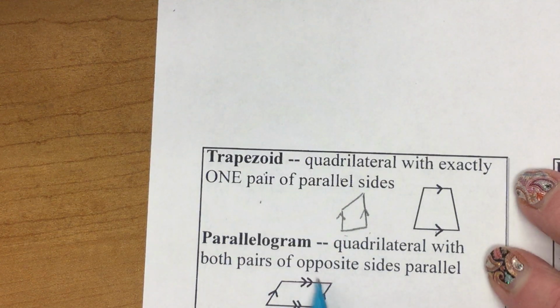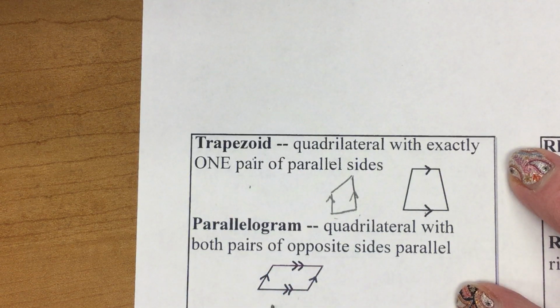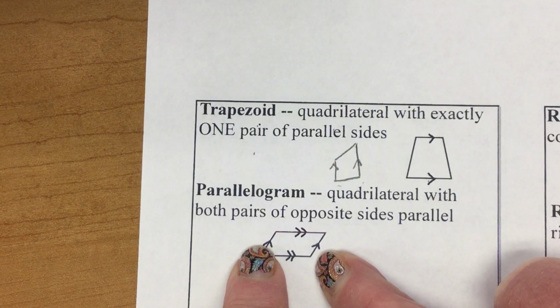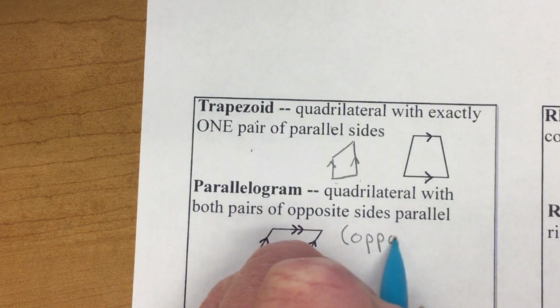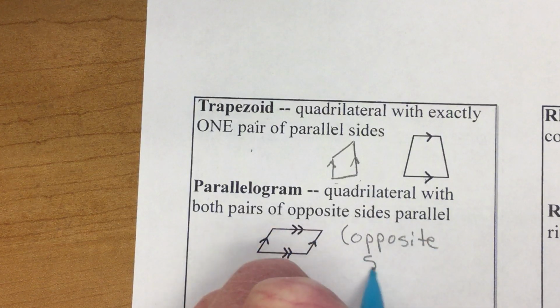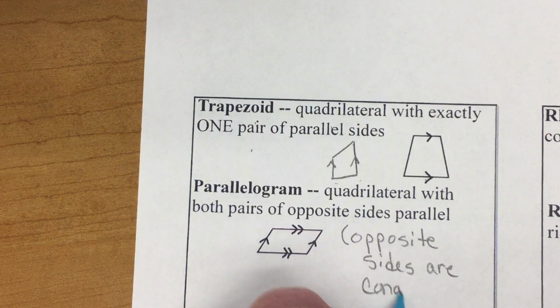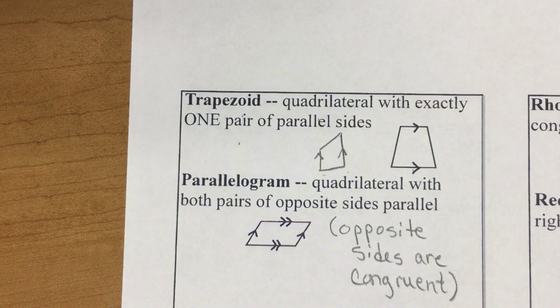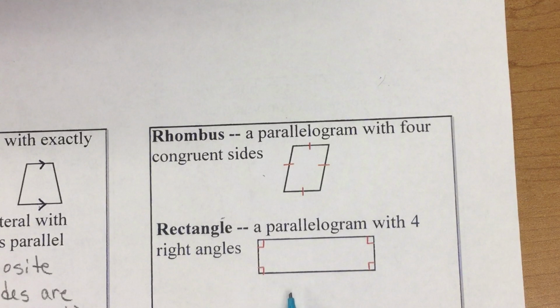A parallelogram, a quadrilateral with both pairs of opposite sides parallel. So two arrows mean they're parallel. One arrow means those two are. And the other thing about this, the opposite sides are congruent. So not only are they parallel, they are also congruent. A rhombus.